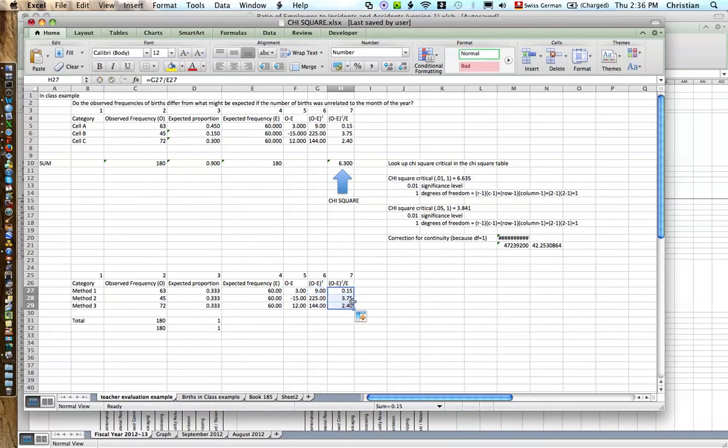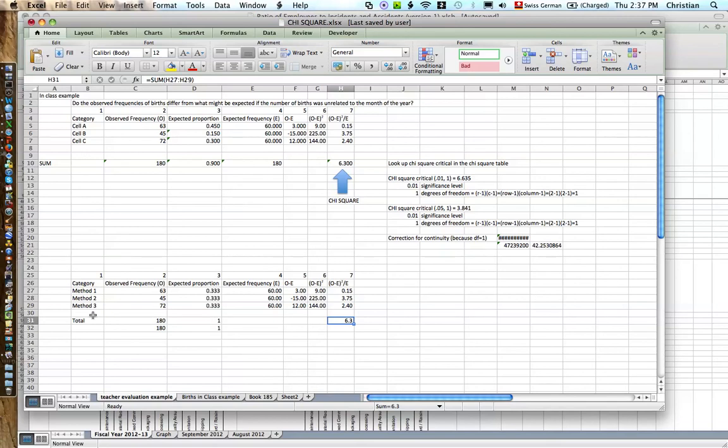And these are then our components for the sum. If we add up these components, we get our chi-square, which is 6.3. This here added up, this plus this plus this is 6.3. This is our chi-square, and you can repeat this process for, you know, if you have 12 categories, it's 12 categories.